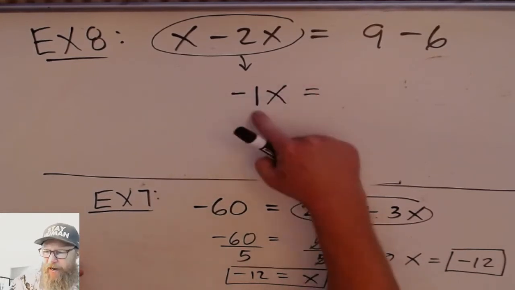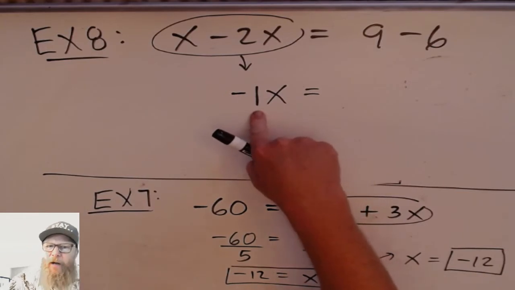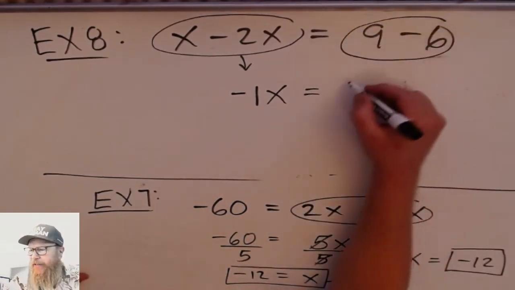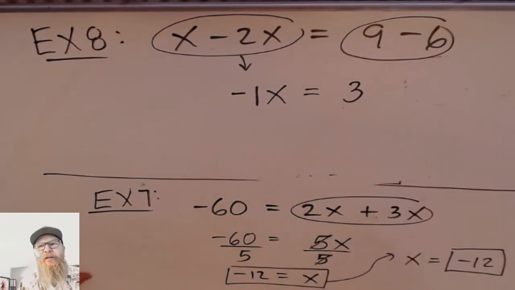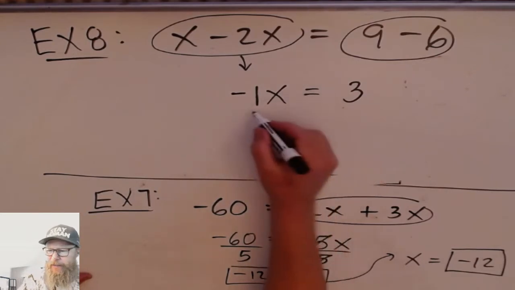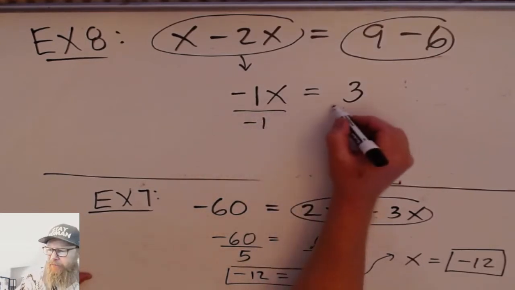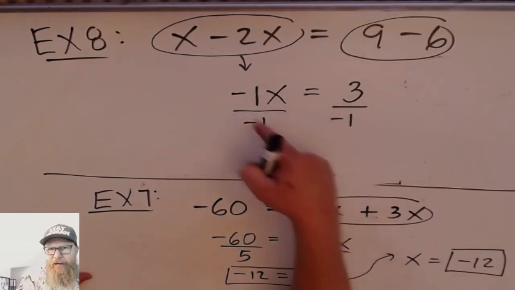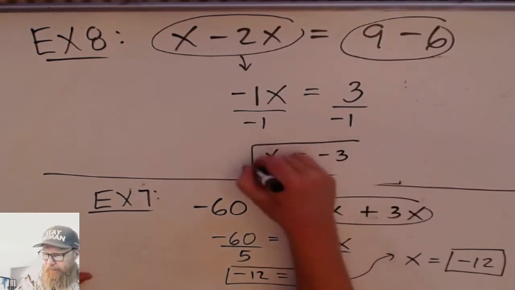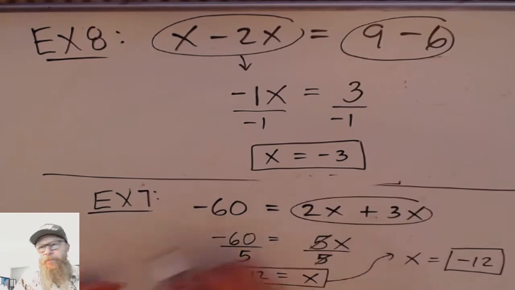This is a case where I personally like to see the 1, and you'll see why in a second. And then over here, 9 minus 6, that's just ordinary subtraction, so that's 3. The reason why I like to see the 1 is because then it tells me the coefficient is negative 1, and now I'm going to divide both sides by negative 1, and my solution is negative 3.